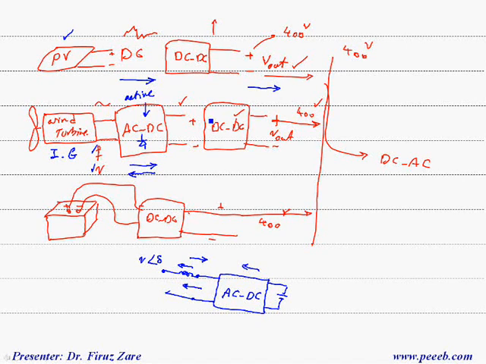So in this case, instead of this AC-DC based on diode rectifier or DC-DC, we can use an active AC to DC converter. Battery, in this case, we use this power as a backup.